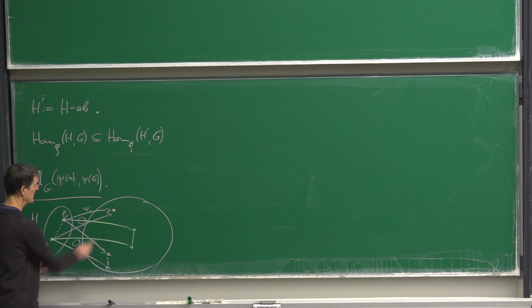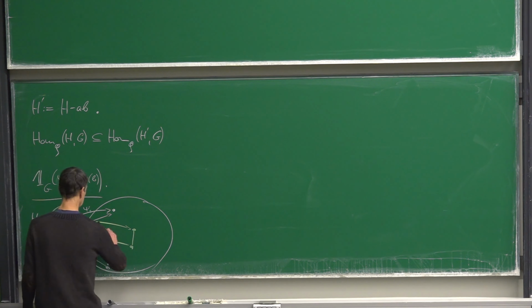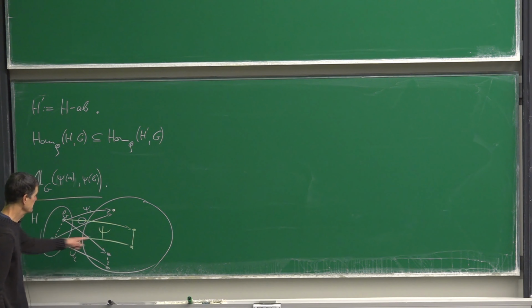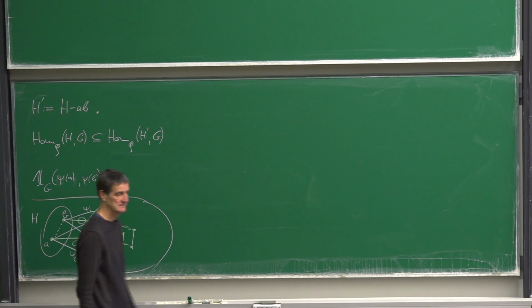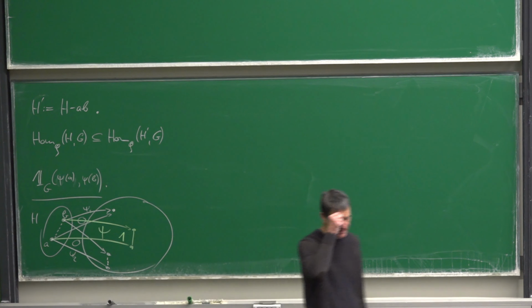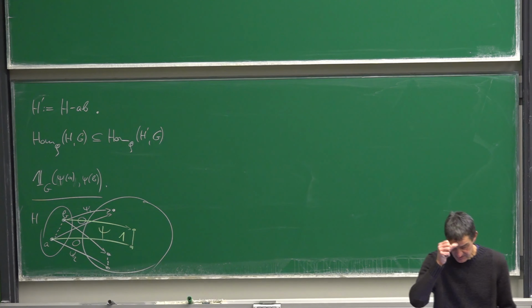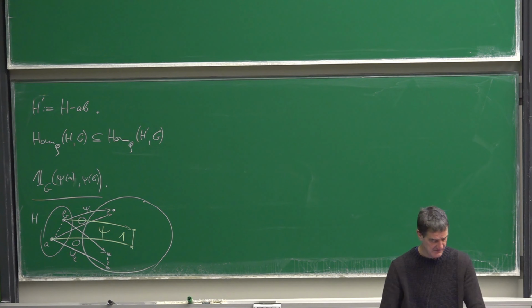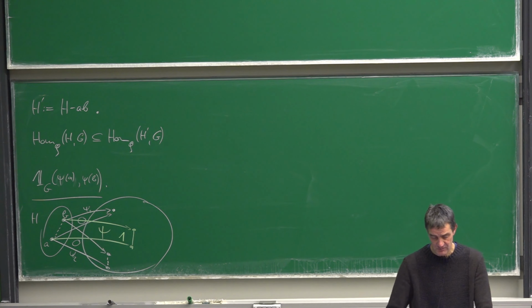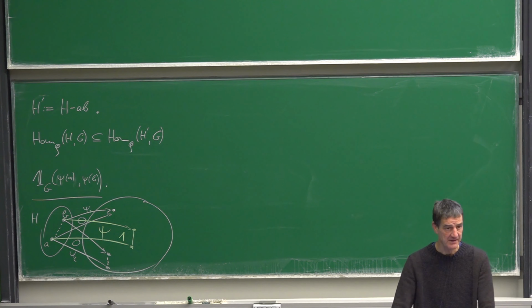But if this psi here maps A and B to adjacent vertices, then we count a 1 here. All right, so for every little psi, we get one number, either 0 or 1, under that sum.